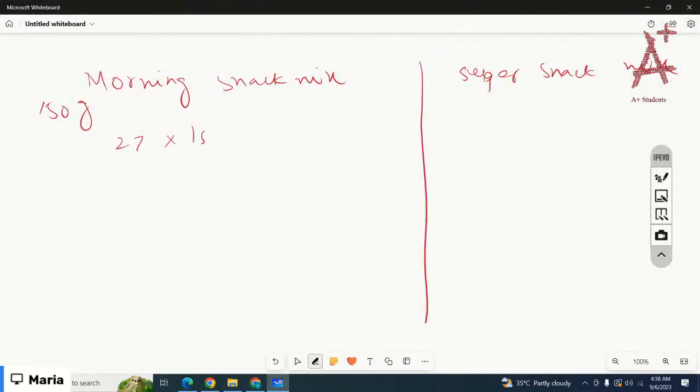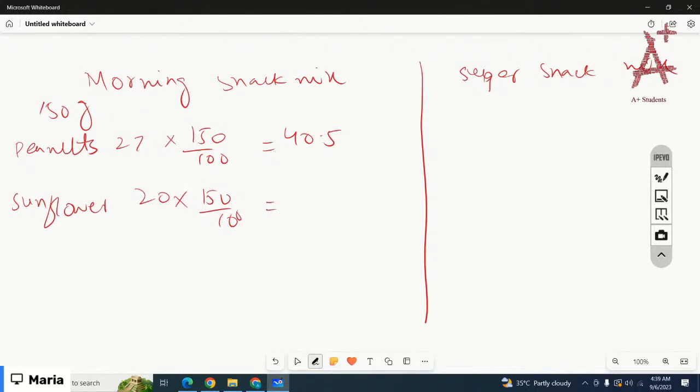27 times 150 over 100. 27 is for the peanuts. It would be 40.5. Then for sunflower, it would be 20 times 150 over 100. That would be 30.